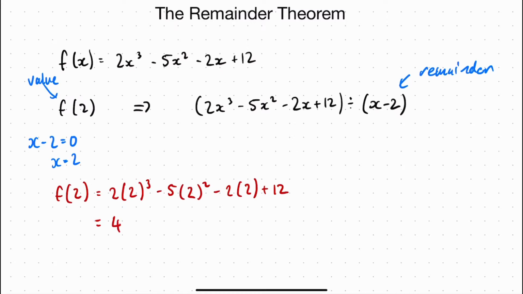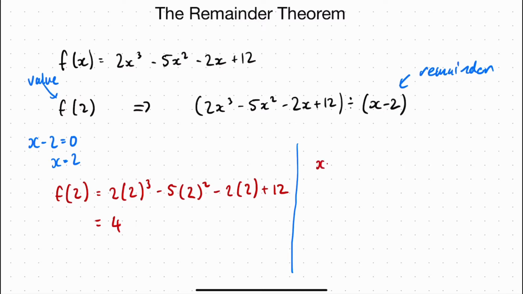What happens when I divide the 2x cubed minus 5x squared minus 2x plus 12 by x minus 2? Well, this comes from long division. And again, if you've not seen a lesson on that or you don't know how to do that, I'd suggest go back and look at the video now.